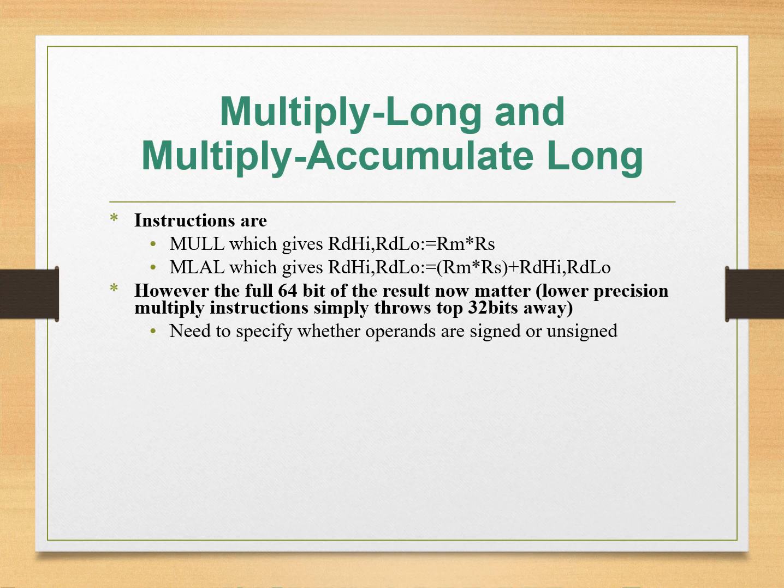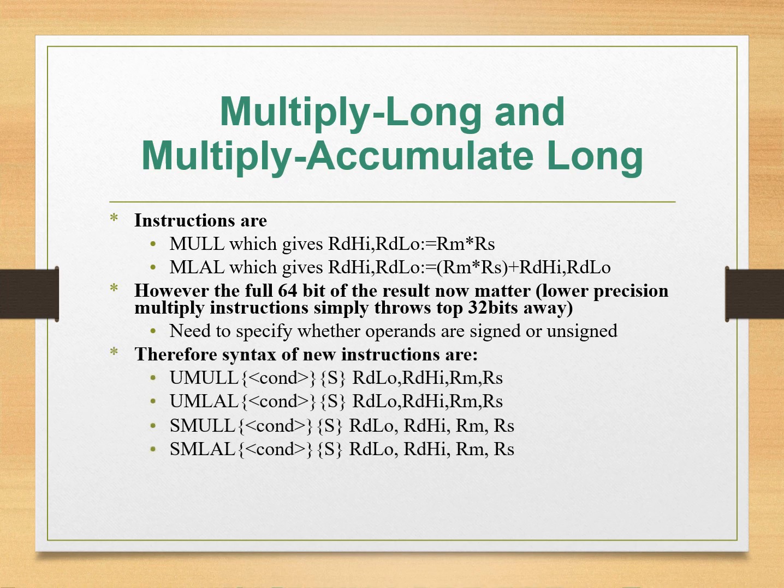However, with the full 64-bit result now available, the lower precision multiply instruction simply throws the top 32 bits away. You need to specify whether operands are signed or unsigned, that is, for the operands RM and RS.